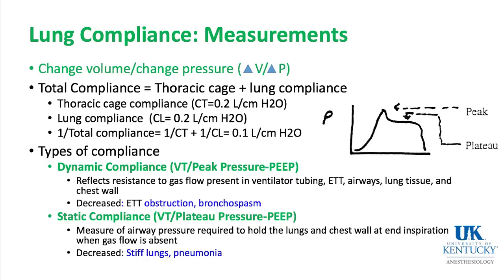And this dynamic compliance is really reflecting resistance to gas flow in the tubing, the endotracheal tube, the airways, getting the gases out to the lung itself. And things that decrease it, if there was mucus in the endotracheal tube or blood, bronchospasm, classic cases where you have a high peak airway pressure and dynamic compliance is a problem.